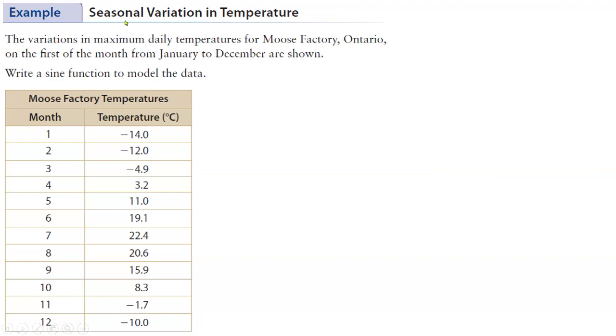Have you finished? All right, let's have a look at the solution together. Basically, we want to model this data using a sine function. So the sine function can have the form T equals A times sine of k times (m minus d), plus C. M stands for months, and T stands for temperature.